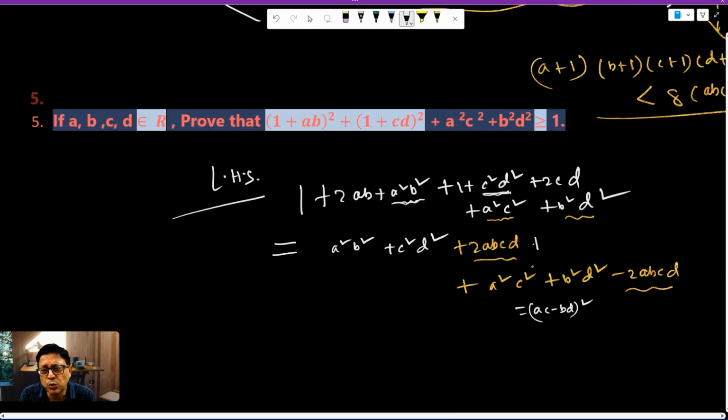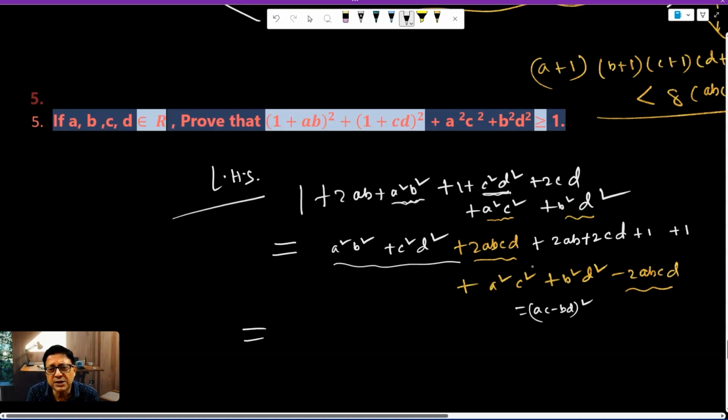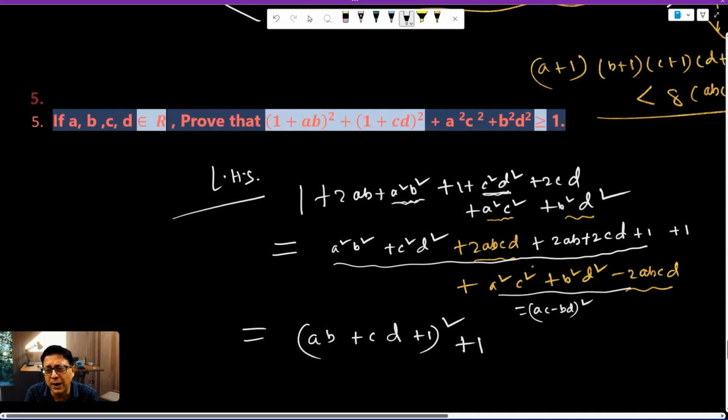How do I accommodate all these things? So you write 2ab here, 2cd here. I have a 1 also here and another one alone. Why alone? Because I observe the pattern here. This kind of manipulation we have done gives (ab + cd + 1)^2 plus 1 and this part (ac - bd)^2.